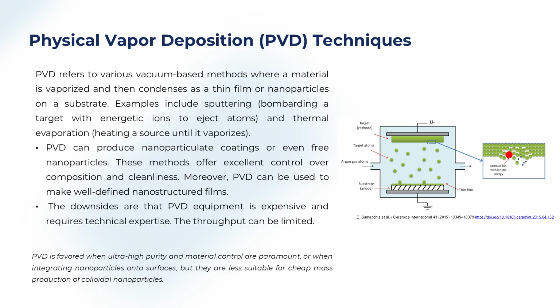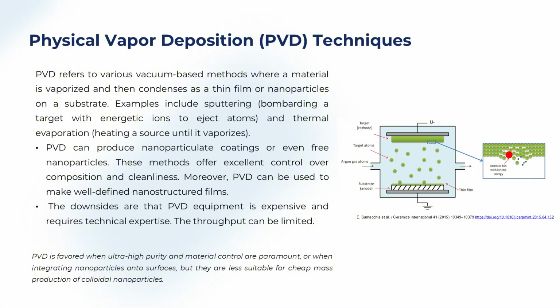Physical vapor deposition. It refers to various vacuum-based methods where a material is vaporized and then condenses as a thin film of nanoparticles on a substrate. Examples include sputtering, bombarding a target with energetic ions to eject atoms, and thermal evaporation, which includes heating a source until it vaporizes.